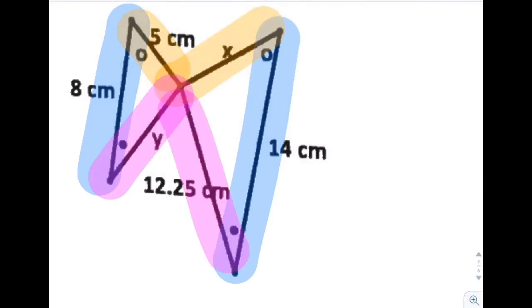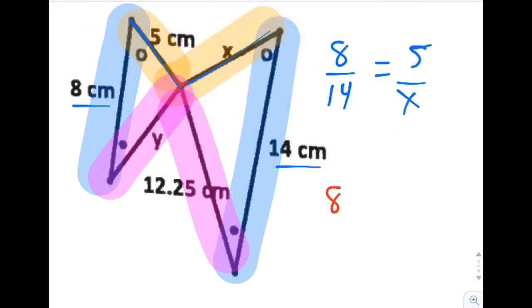So you match up the colors, and you have 8 over 14, and then you can have 5 over x. And if you wanted to solve for y, you can use the 8 over 14 again because you know both values. So 8 over 14, and then go back and do y over 12.25.